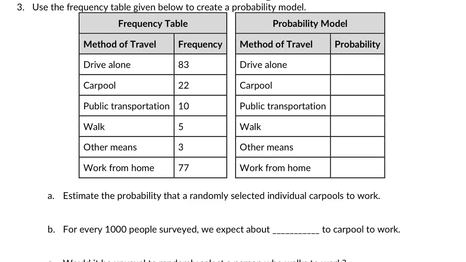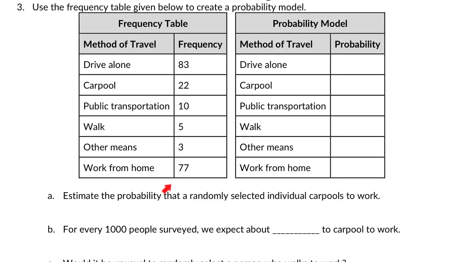We divide the frequency by the total number of things. In fact, a relative frequency distribution is actually a probability distribution, because we are finding the number of trials out of the total number of trials, which is empirical probability. That's what we're going to be doing in this table.